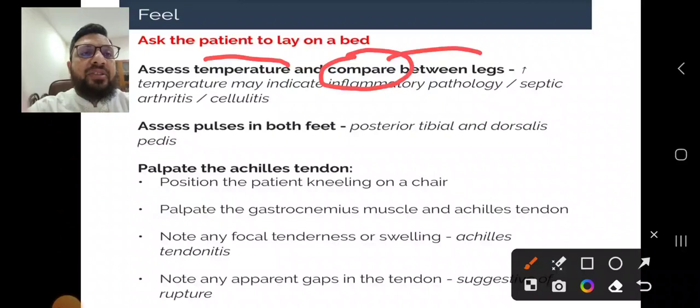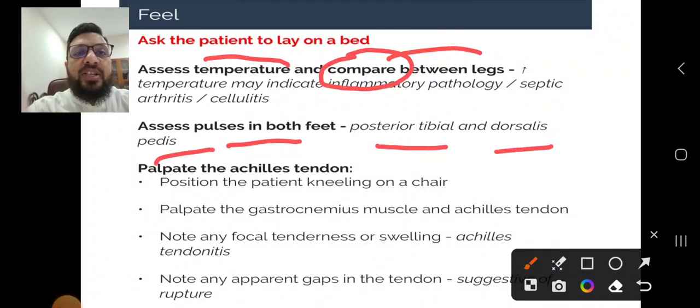After that you will check for pulses, especially the posterior tibial and dorsalis pedis, and then you will palpate the Achilles tendon. This palpation of the Achilles tendon can be done either with the patient sitting or lying down. Better is that you do it when the patient is kneeling on the chair.